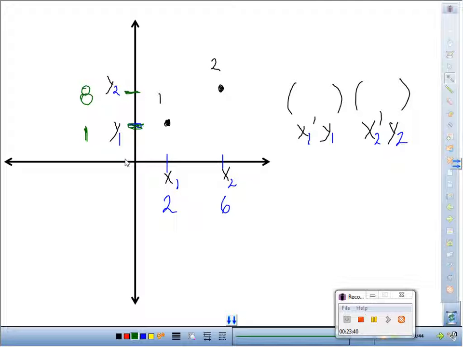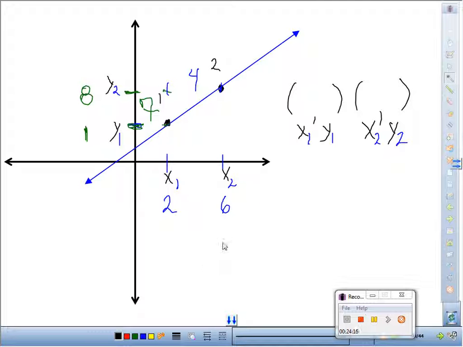So we want to find the slope that goes through those 2 points. To get from here to here, I need to take steps up. This one is at 1 and needs to go to 8. So how many steps up? 7. From here to here, we're at 2. We need to get to 6. How many steps? 4.